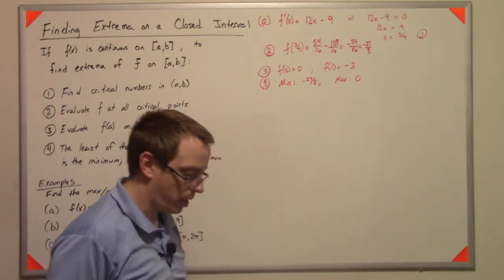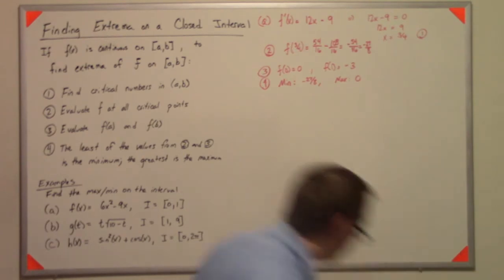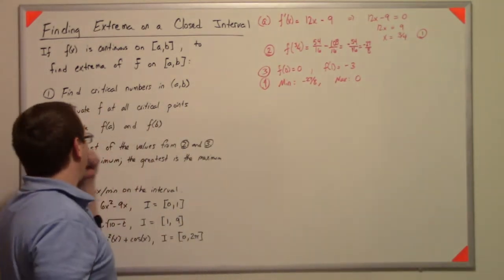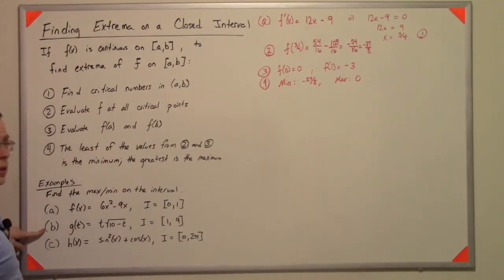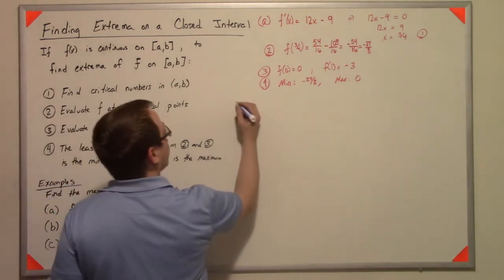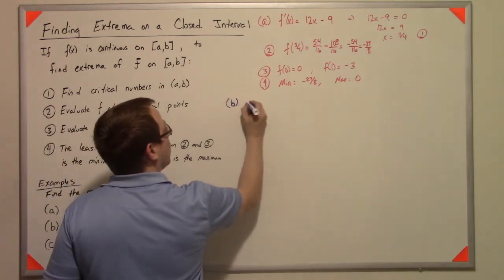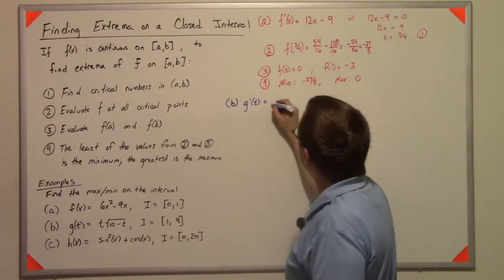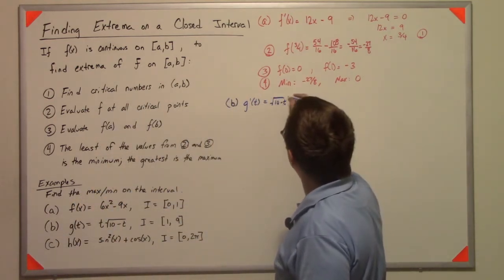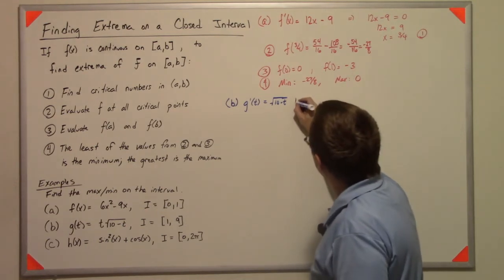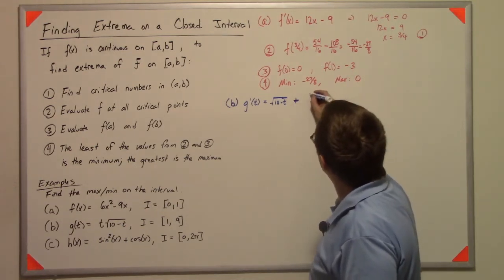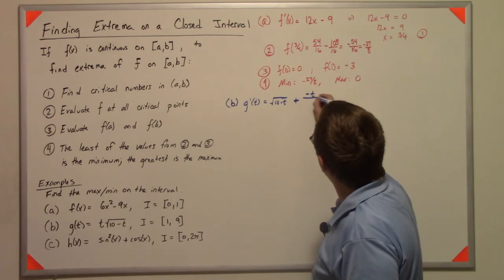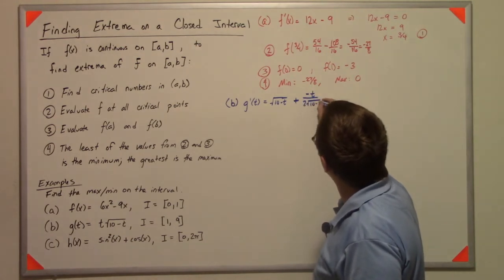Sorry, let me get a blue marker. So for g of t, this one's derivative is a little more difficult. g prime of t is the square root of 10 minus t plus negative t over 2 square root of 10 minus t.